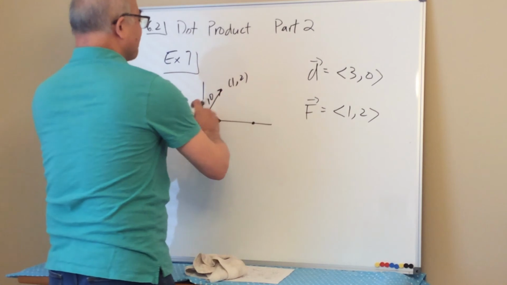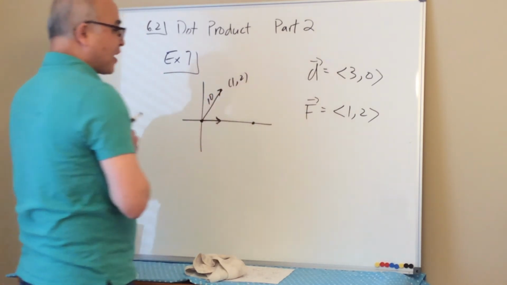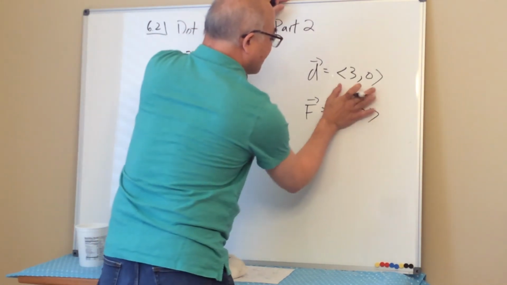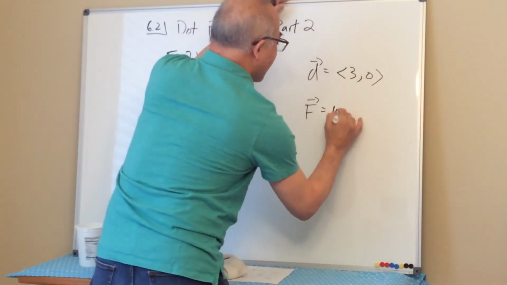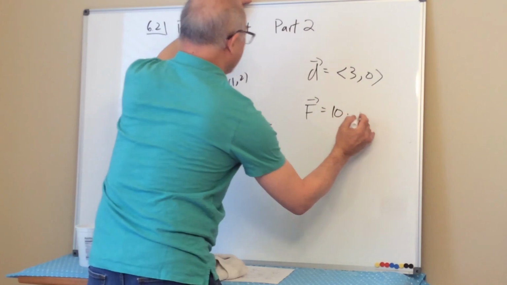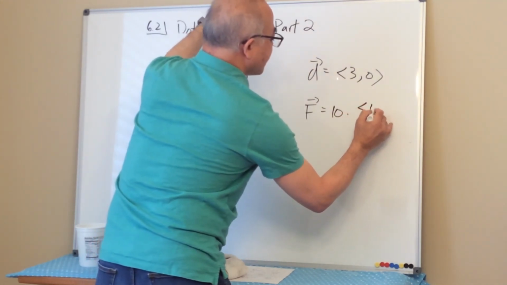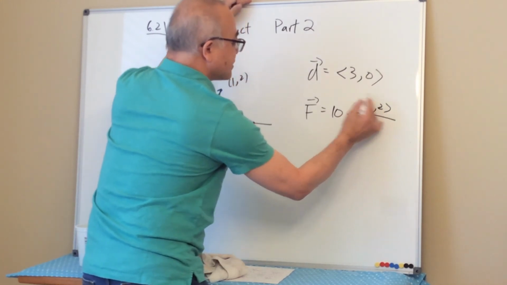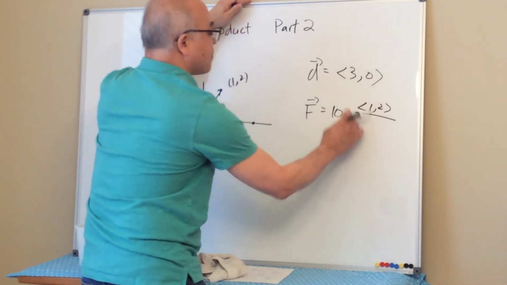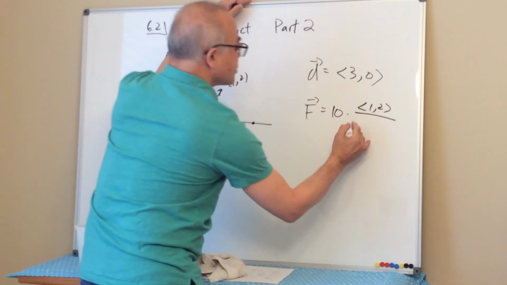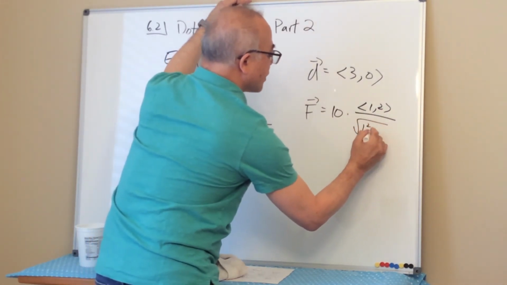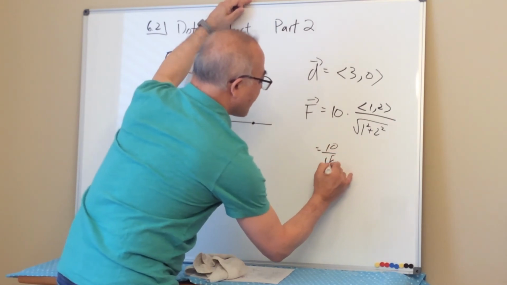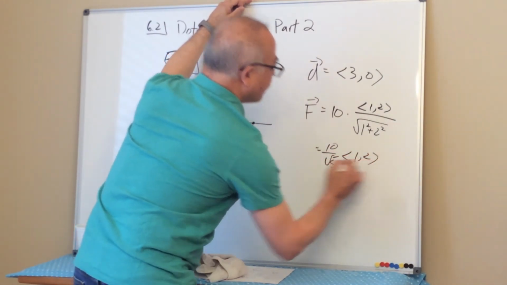The direction is going this way, but the magnitude is 10. Since it's a direction, I have to make this a unit vector because I don't want to add any magnitude from here. So it's going to be 10 over the square root of 1 squared plus 2 squared, which is 10 over root 5, times 1, 2.